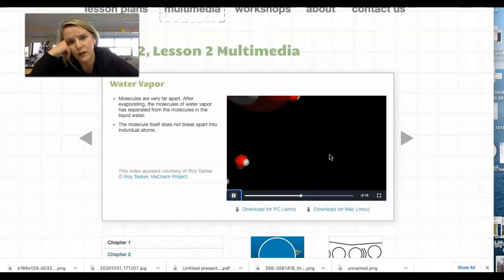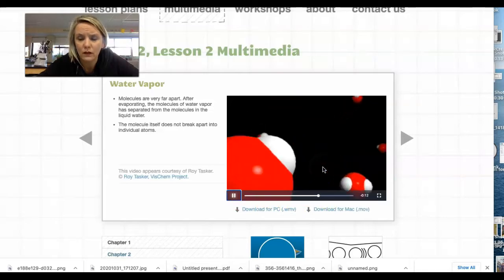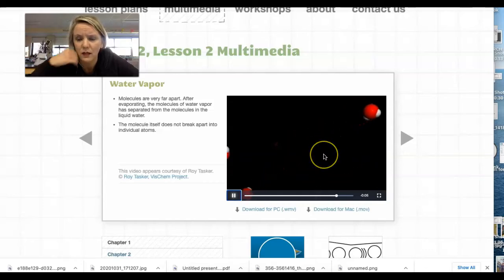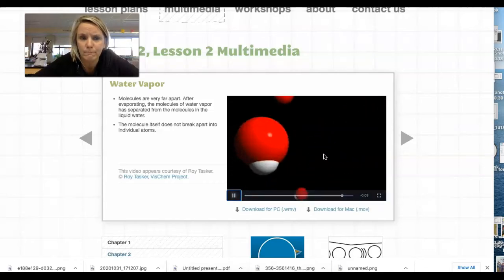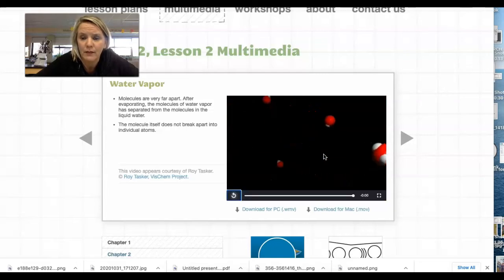Okay, now what would happen, do you think, if we had this volume of water vapor and we cooled it? What would happen if we refrigerated this water vapor? What do you think would happen to the space in between them and the speed at which they're moving? We're going to talk about that in tomorrow's lab. All right. So here, let me go back to this little lab because you can see the results of it.